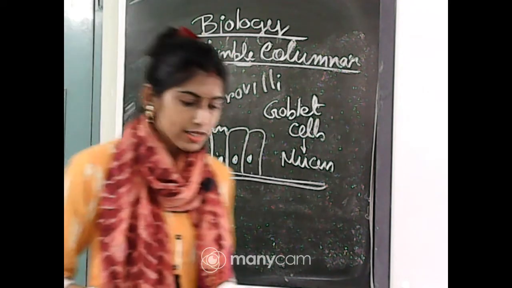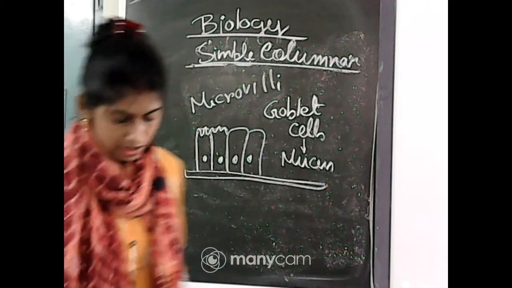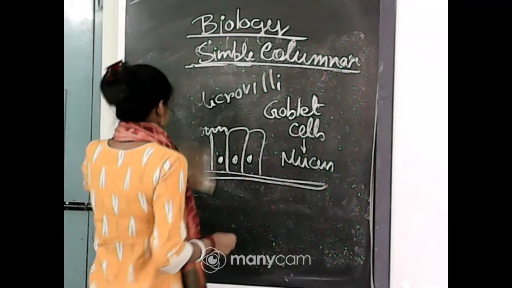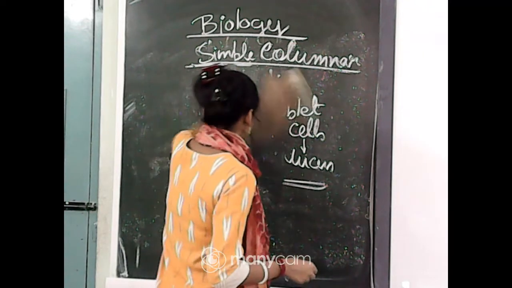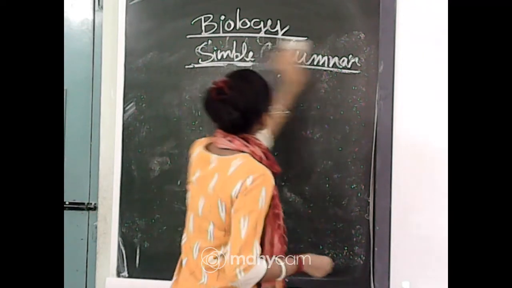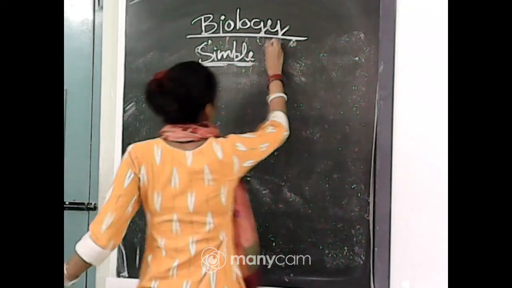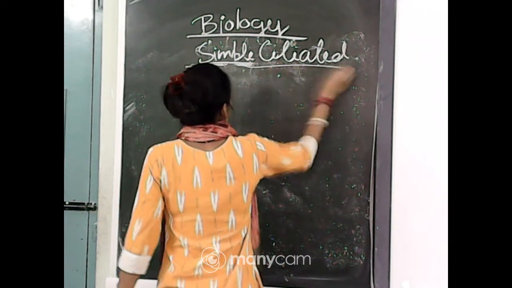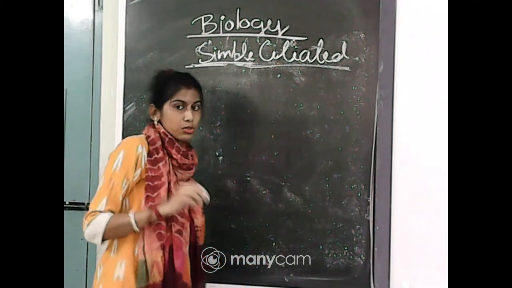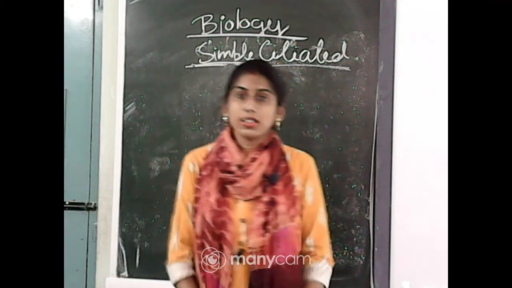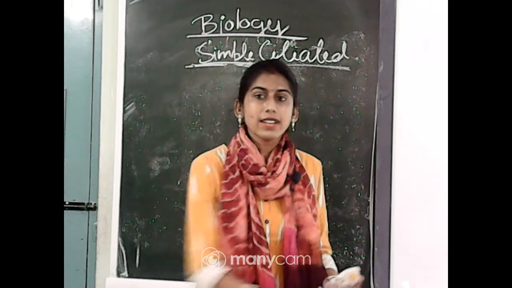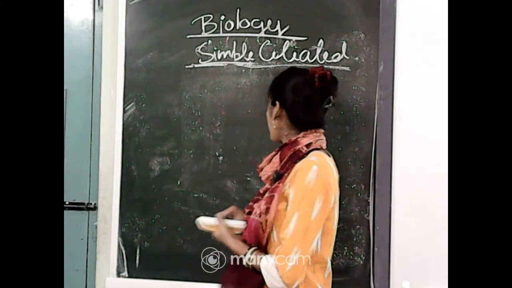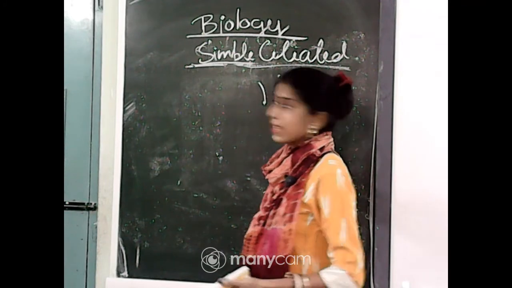Next part is ciliated epithelial tissue. Ciliated epithelial tissue means tissues in which cilia are present, and the cilia arise from a granule which is called the basal granule.